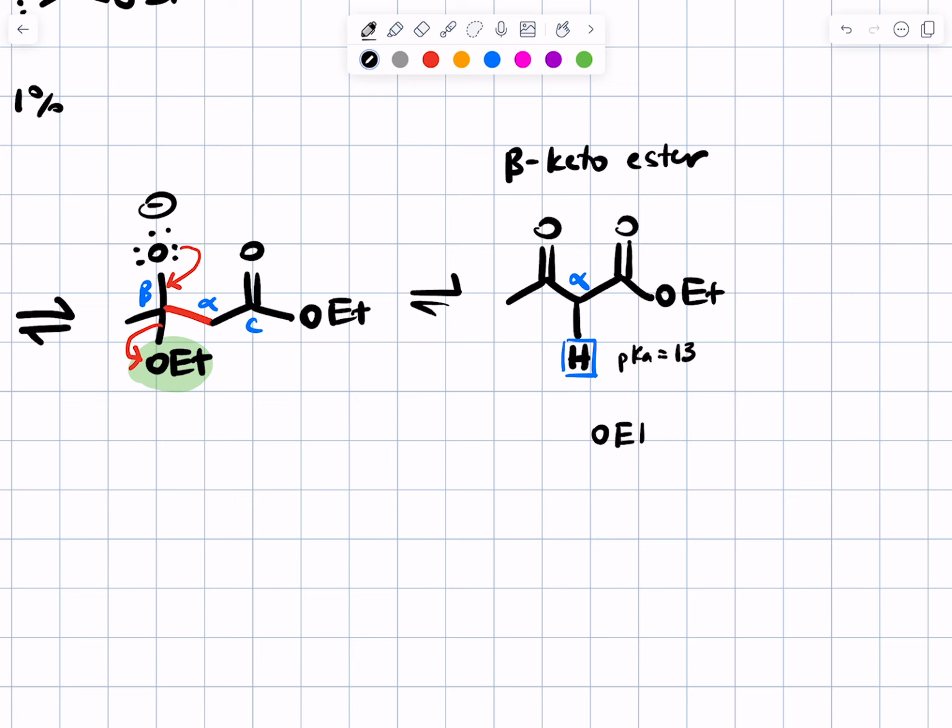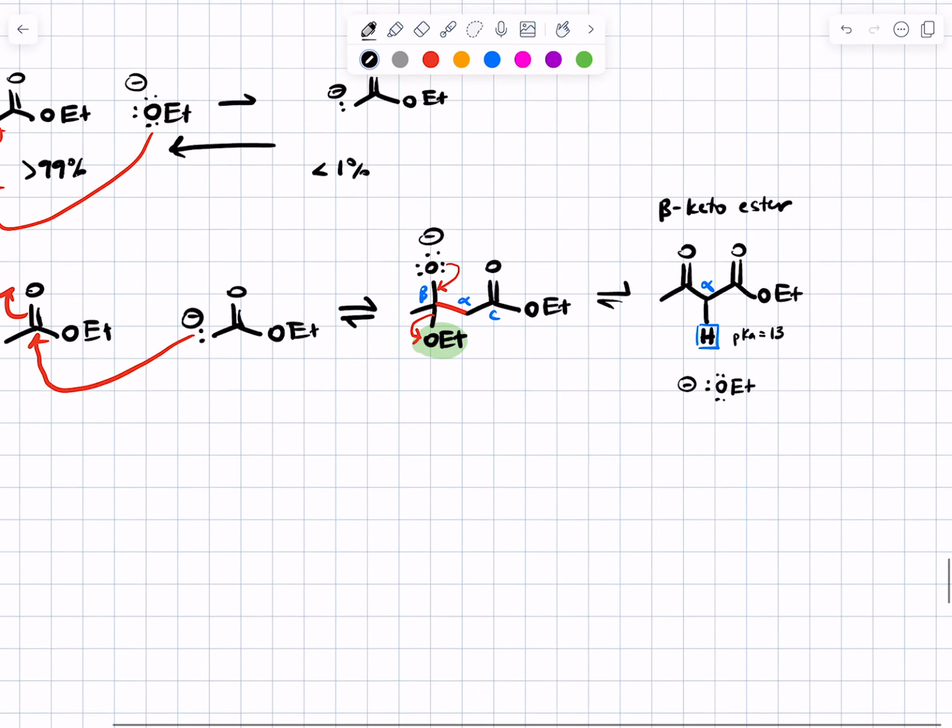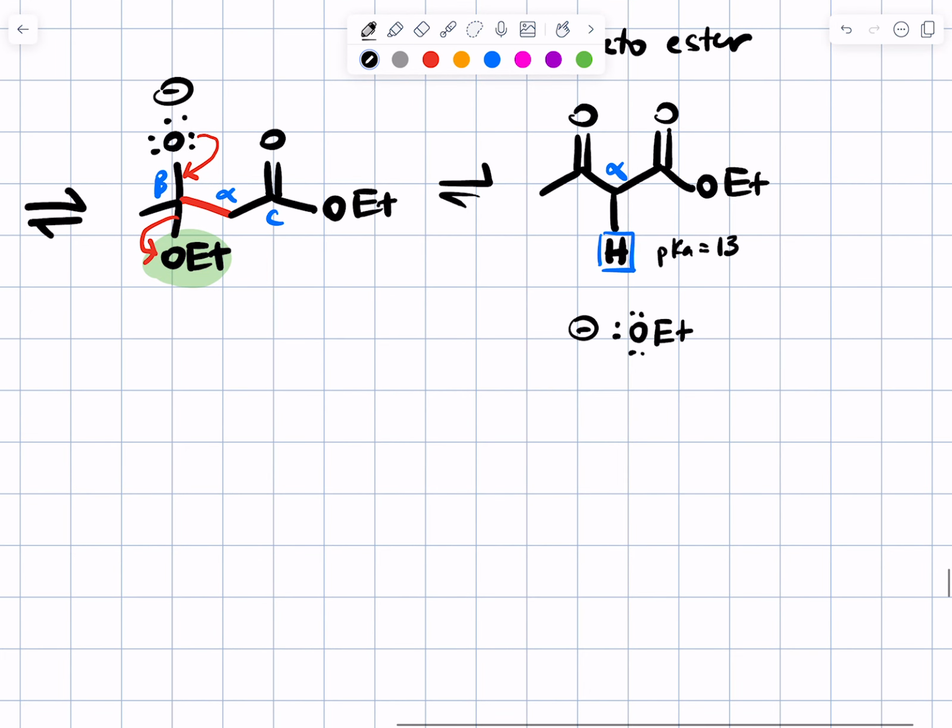And look at what the leaving group that left was after this carbon-carbon bond forming reaction. It was ethoxide, which is definitely a strong enough base to remove this proton.